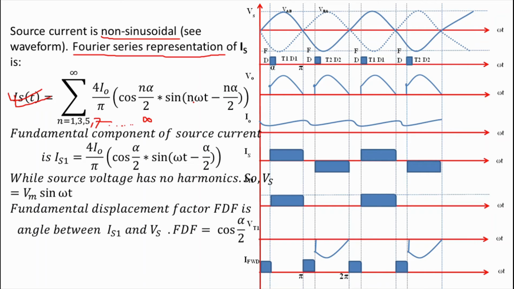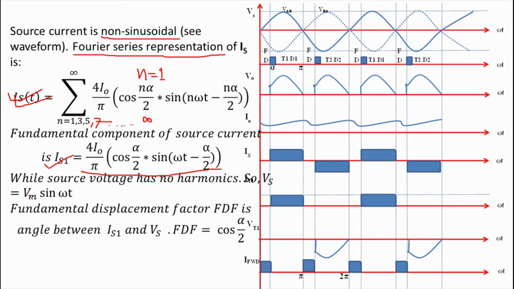In this total expression, 4 I naught upon pi cos n alpha by 2 is constant. For the fundamental component, we have to put n equals 1. So the fundamental component will be equal to 4 I naught upon pi cos alpha by 2 sin omega t minus alpha by 2.